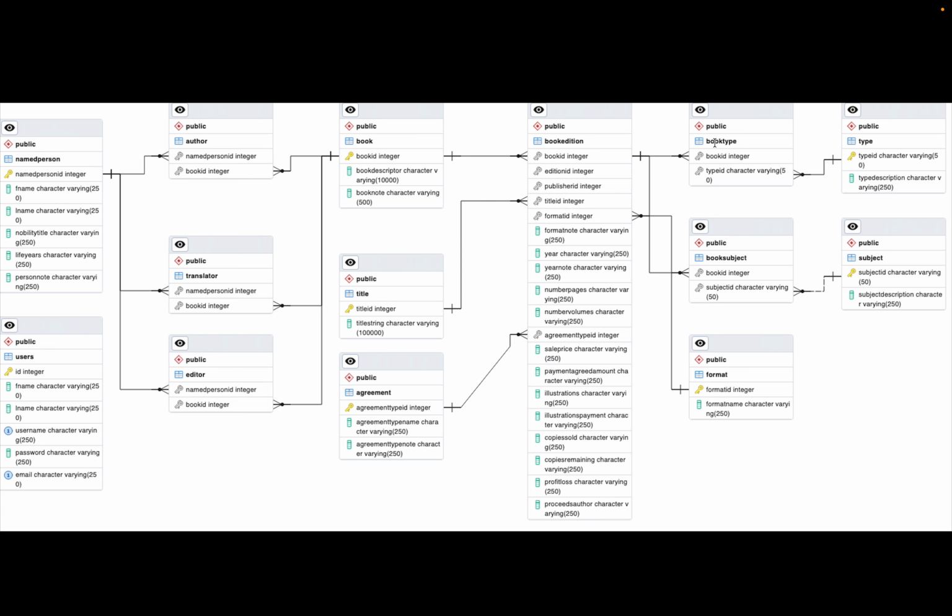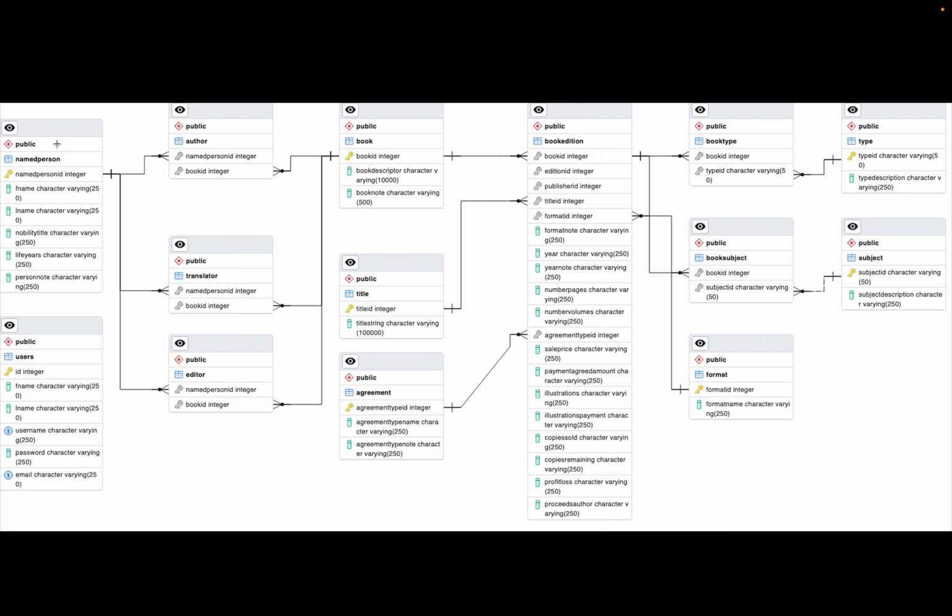The type is particular to an edition. The subject is particular to an edition. And the format, octavo or quarto or whatever, is too. The type of the book is actually different from the book type, and the subject is different from the book subject. So the book subject depends on the book ID and the subject ID.